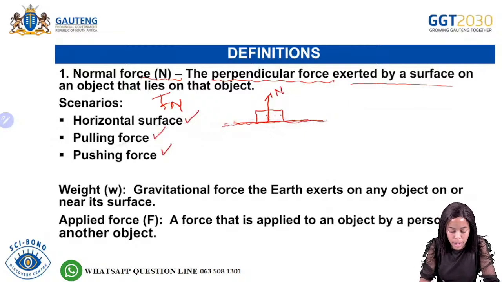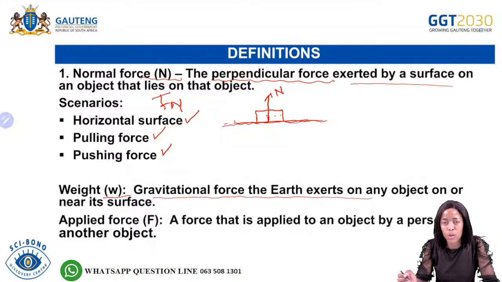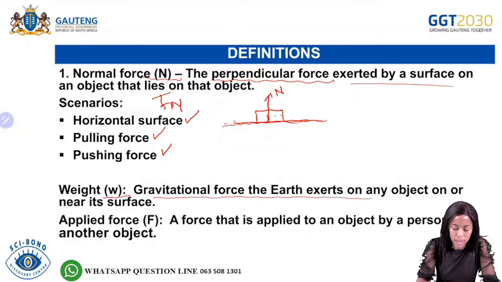Next, we have the weight or W. Weight, it says the gravitational force that the Earth exerts on any object on or near its surface. So with this one, you are going to need to represent it again on your object.